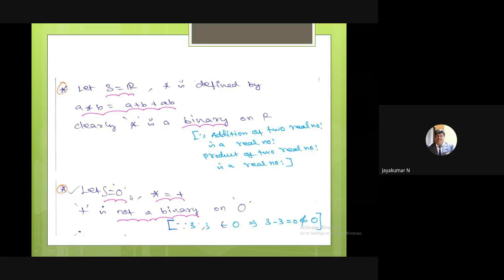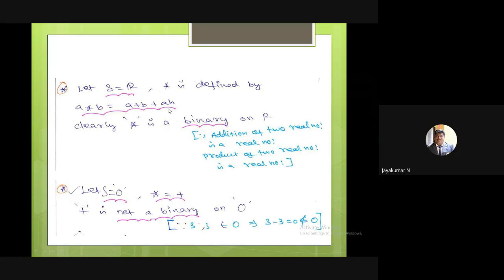Then similarly a few examples. Let S equal the set of all real numbers. My operation is a star b. If you understand the operation very clearly, then only can you apply it to the problem. a star b means before the star a, after the star b: before plus after plus the product of before and after.